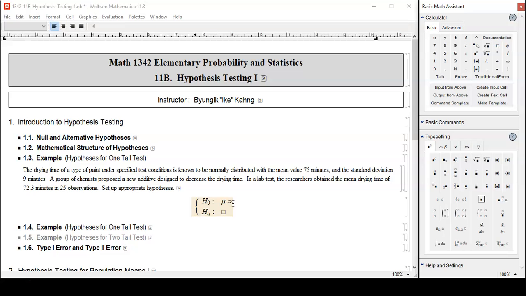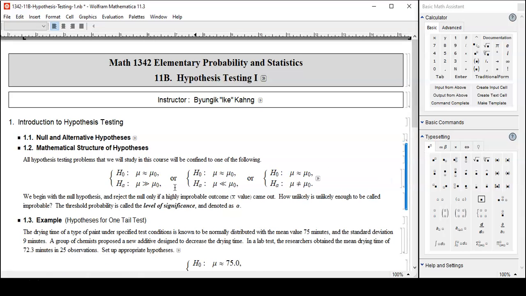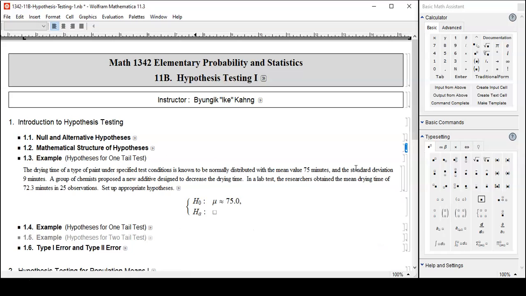The answer is 75 minutes. Why? Because this is a null value, mu 0. 0 means null. Null means we did nothing. Now 75 minutes, that came out of nowhere, while 72.3 minutes, that came from something we just did.